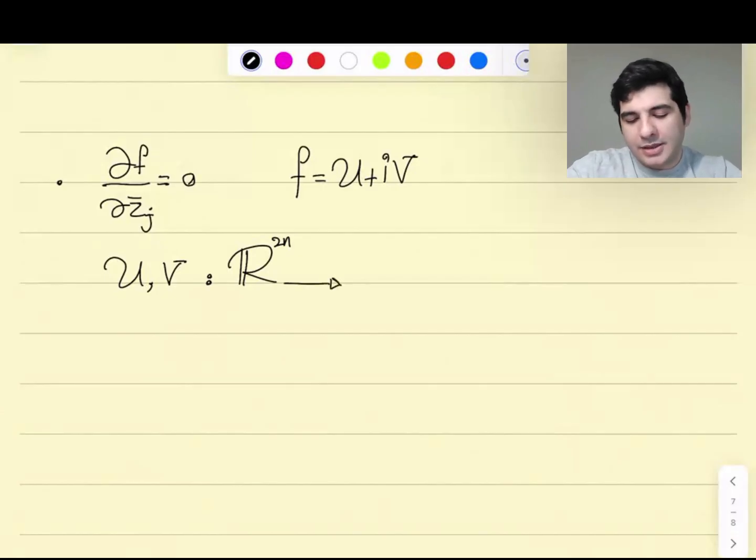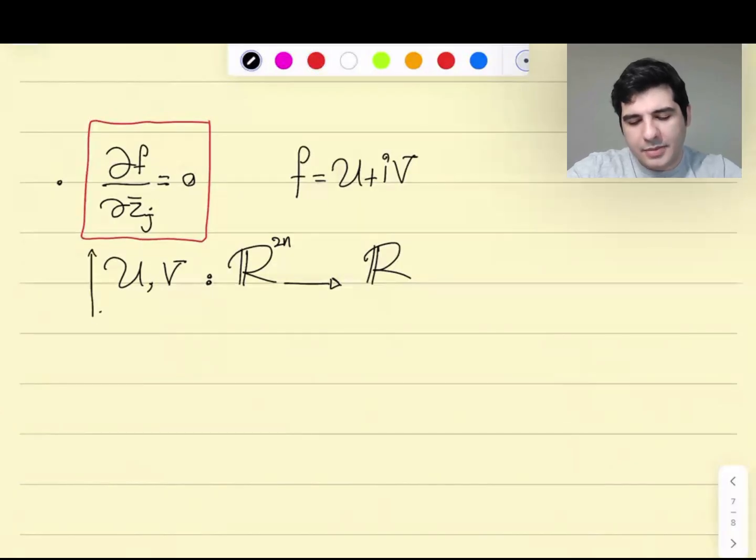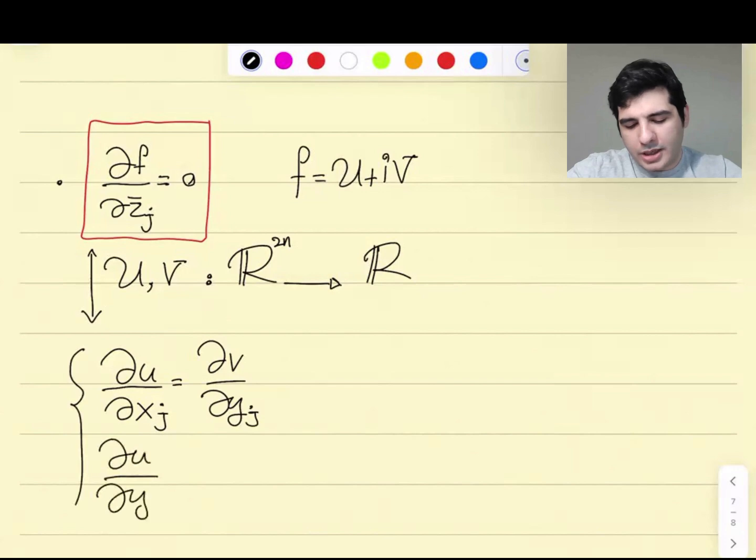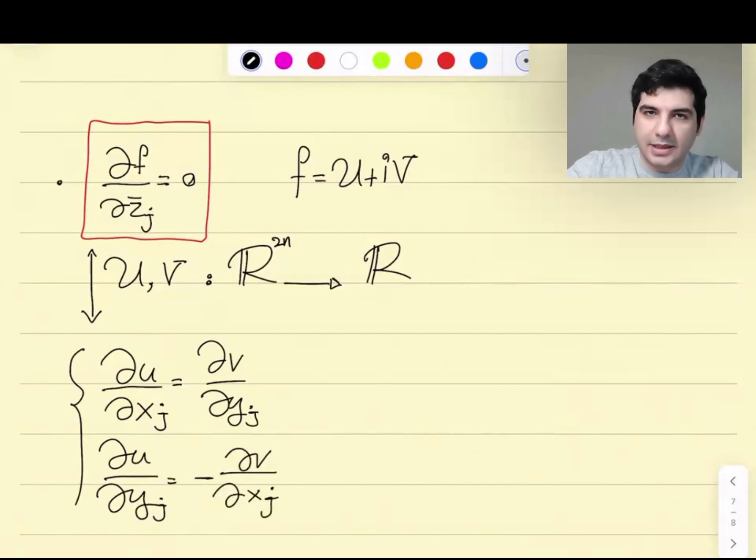If we think about them as two functions to R, the derivative of f with respect to zj bar being 0 is the same as saying the derivative of u with respect to xj is equal to the derivative of v with respect to yj, and the derivative of u with respect to yj is equal to negative the derivative of v with respect to xj. With the same proof as we have seen before.